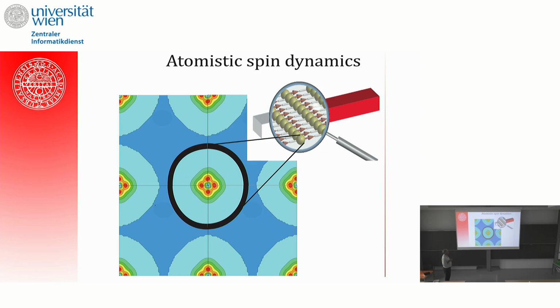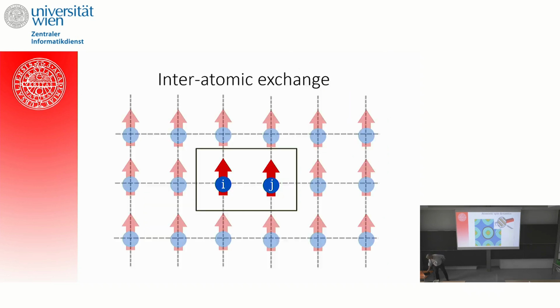They're all drawn to be ferromagnetically aligned. They don't have to be. Many materials are antiferromagnetic or spin spiral or spin liquids or whatever they are. And what is governing that is the interatomic exchange, the exchange between these two atoms or between this atom and that, which is the next step in my presentation.